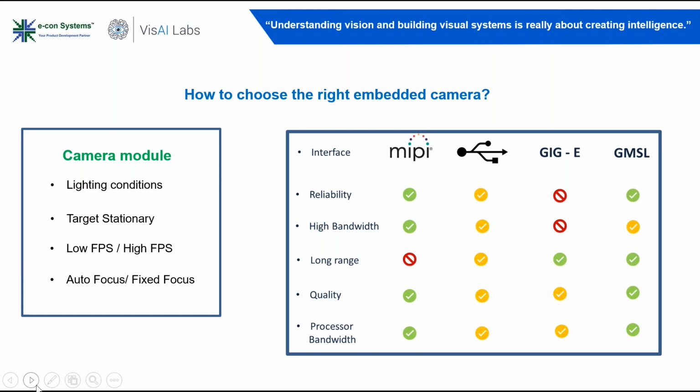Choosing the right interface for the vision system, the right image sensor, and the image signal processor for this sensor are the key challenges. So we should understand the ability of the sensor for a particular application. Let's start looking at the sensor.